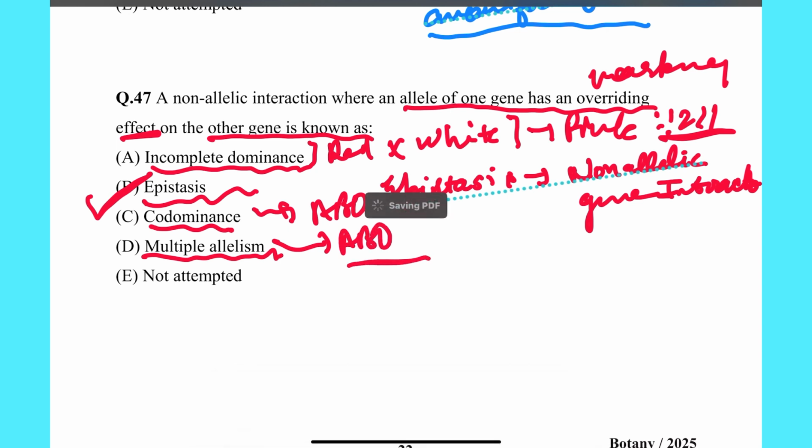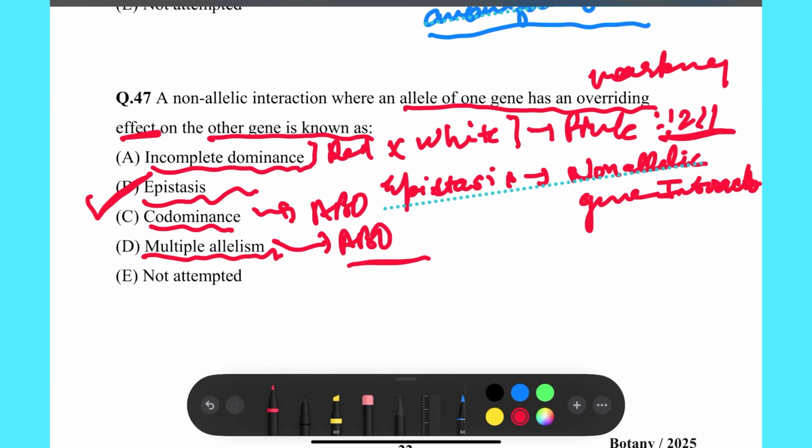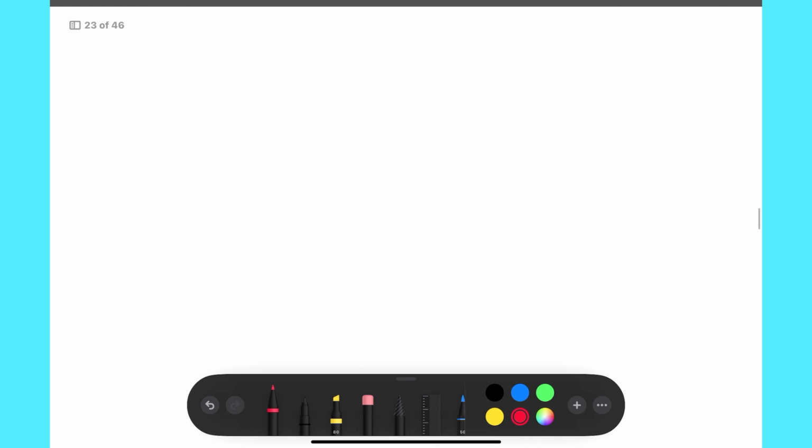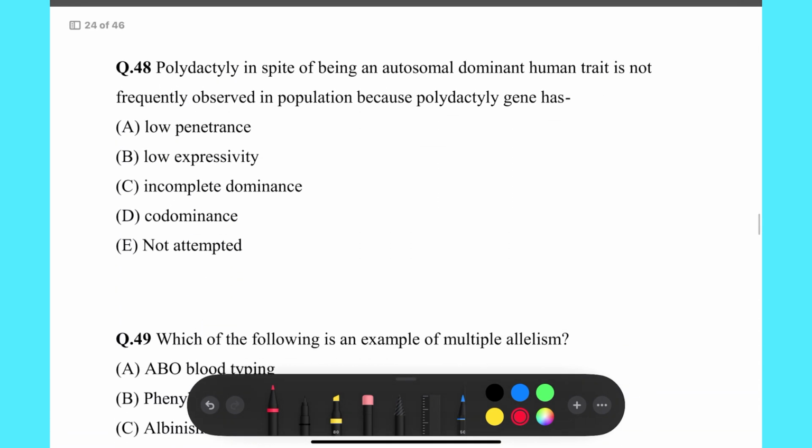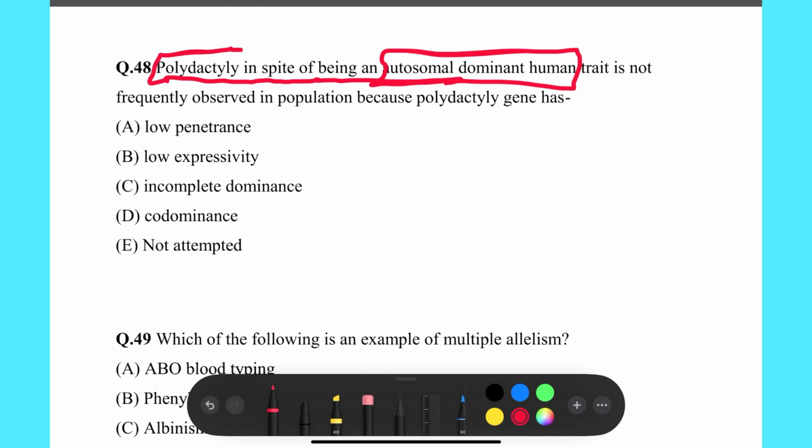Okay, now move to question number 48, right? Polydactyly, in spite of being an autosomal dominant trait, is not frequently observed in the population.